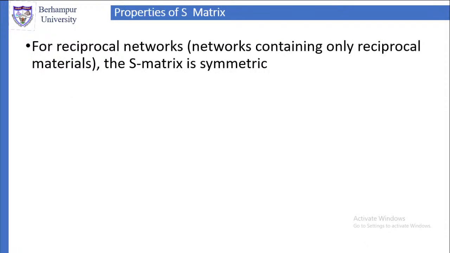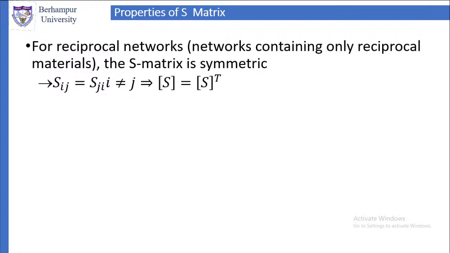Now let us look at the properties of the S parameter, which are important and which you need to know. If you have a reciprocal network, which means a network containing only reciprocal material, the S matrix is symmetric. That is the first property. The S matrix is symmetric for a reciprocal network, which means Sij is equal to Sji if i is not equal to j.